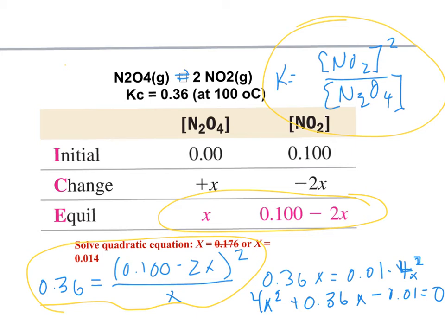And then here's the quadratic equation. So, you know, you get 0.36, you multiply the x through on both sides, you expand this. All right, I didn't do this one right. We'd have to expand this. So there's an x term in there that I didn't get.